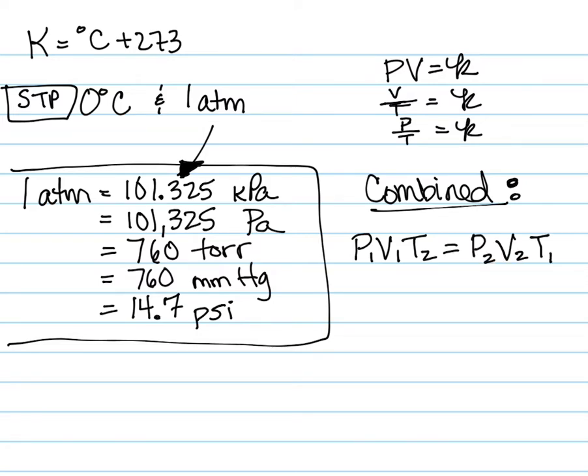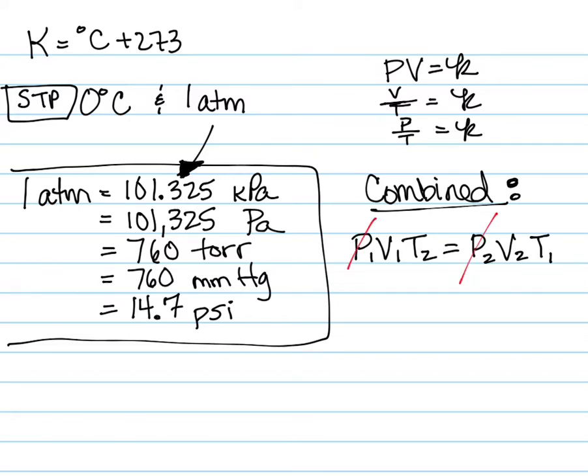And again, notice the temperatures have been swapped. So even if you were doing a problem and temperature was constant, you could easily just mark through the temperatures and ignore them and only deal with your P1, V1, P2, V2. And the same goes with, well, what if pressure is held constant? Because you're going to be dealing with Charles's law.